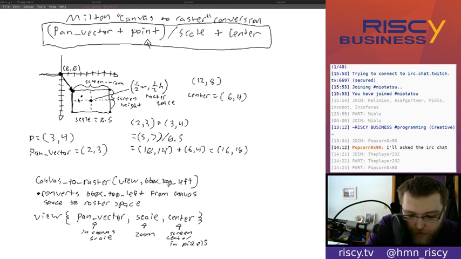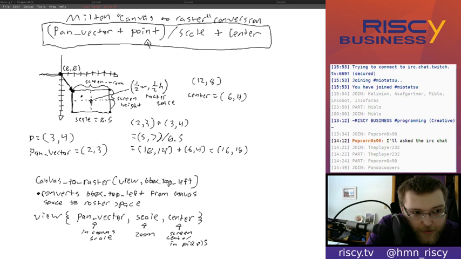So if this center point is 6, 4, 1, 2, 3, 4, 5, 1, 2, 3, 4, 5. So right now the center is at 5, 5, right? Looks like the center is at 5, 5, but its actual value is 6, 4. And our point here is somewhere over here, right? The point is at 3, 4.